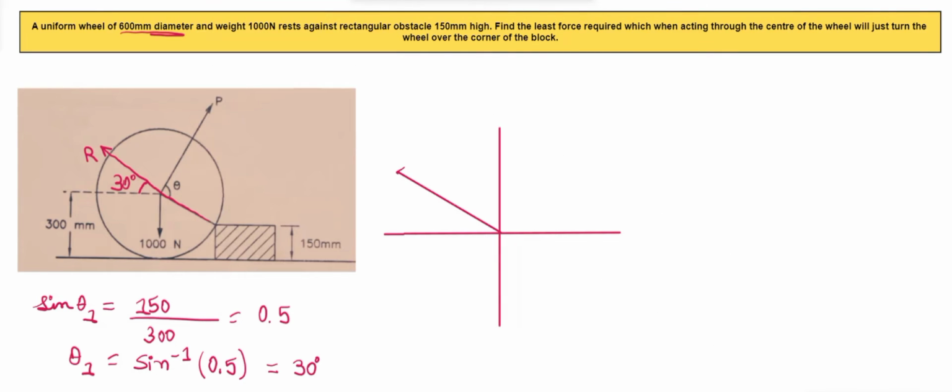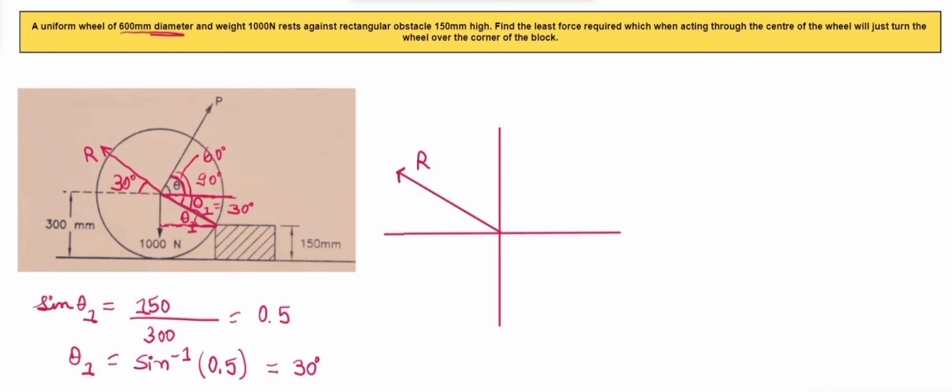We'll just represent that in our free body diagram. Here R is acting. Then the force P, we have to represent that in our free body diagram. Also this angle is theta 1 and here this will be the vertically opposite angle. So this angle will also be theta 1 and this total angle given to us is 90 degree.